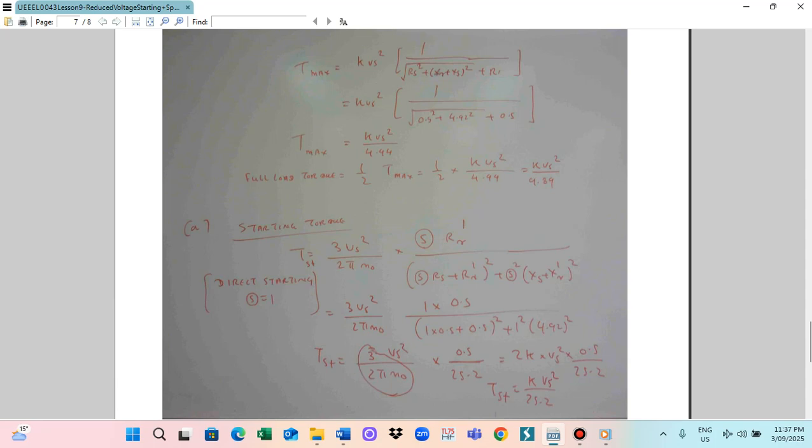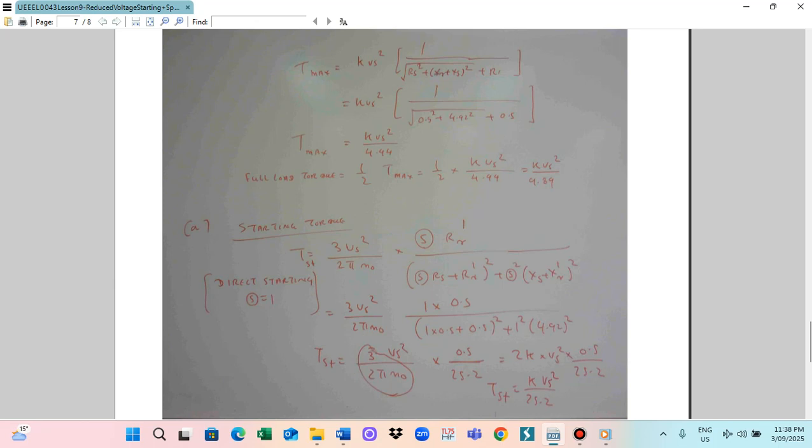Okay, so then we have to utilize the starting method. So direct starting, we can utilize the equation. This is for the maximum torque equation, and then we use the starting method. So the starting condition, the torque we can calculate.